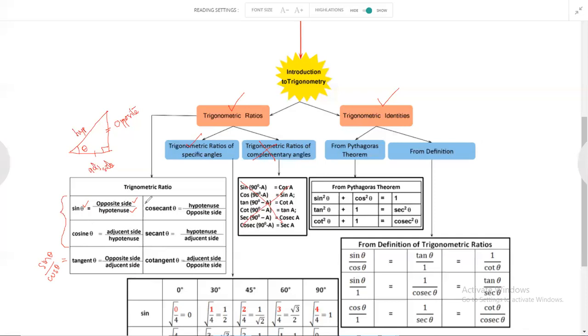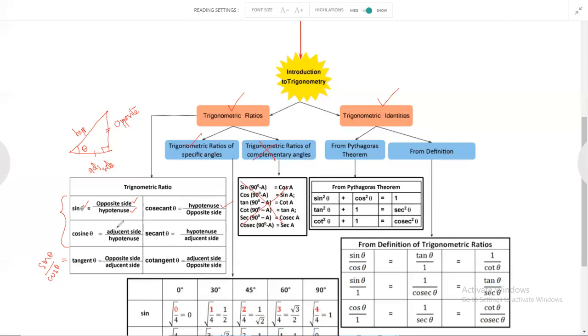Now, what are the remaining trigonometric ratios? There are cosecant or cosec theta, secant or sec theta, and cotangent or cot theta. These three are the reciprocals of the earlier ones. Cosec is the reciprocal of sine theta, 1 by sine theta, so it will come as hypotenuse divided by opposite side.